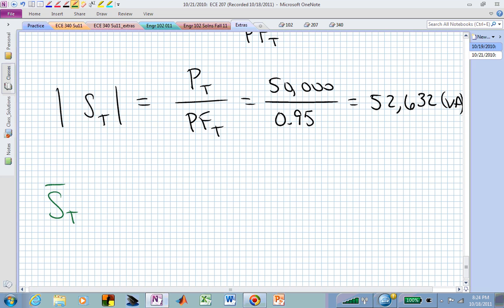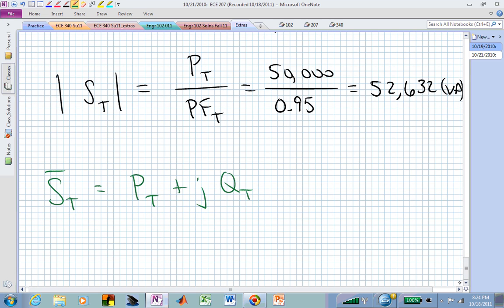We now know S sub t is P sub t plus j Q sub t, where P sub t was given and Q sub t is S sub t sine of theta sub t.